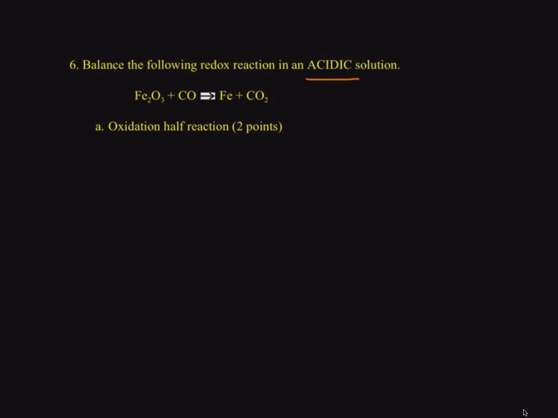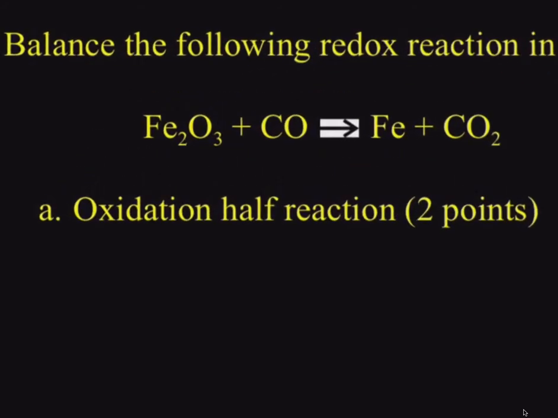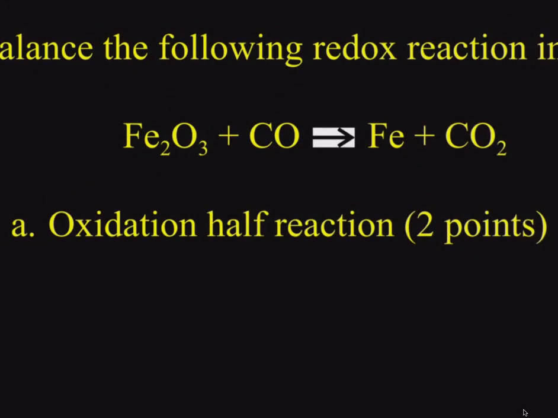So if we have oxygen, which has an oxidation number of -2, but we have 3 of them, that means we have a total of -6, which means we have a total oxidation number for iron of +6, and since there are 2 irons, the oxidation number for the iron is +3.